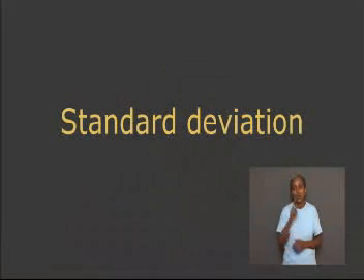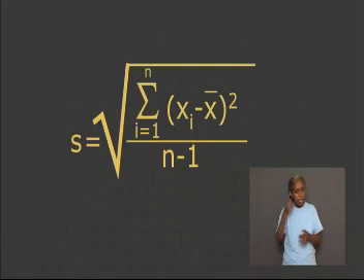As we said earlier in the lesson, one limitation of mean deviation is that it violates algebraic rules by using absolute values. One way to counteract this is by using standard deviation. You may recall that standard deviation is given by this equation.